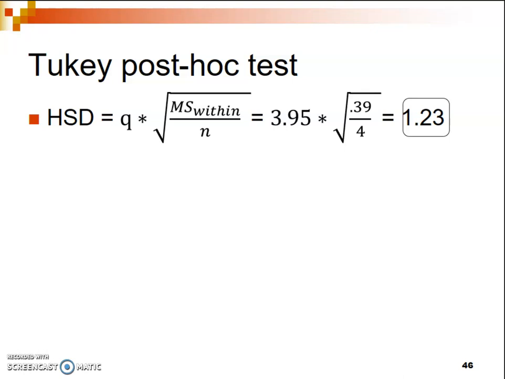If you don't get 1.23, you probably entered it all into your calculator at once, and that's probably why you got the wrong answer. Remember that your calculator does not usually factor in the order of operations. So again, do the 0.39 divided by 4, take the square root of that, and then do the multiplication.